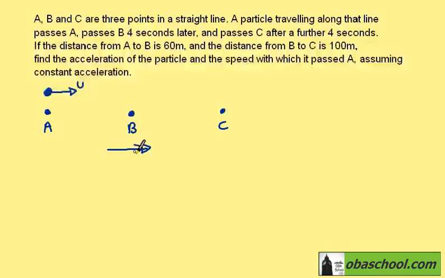Throughout the motion, it experiences an acceleration which we don't know, so we'll call it a. But note that we represent a with a double-headed arrow.